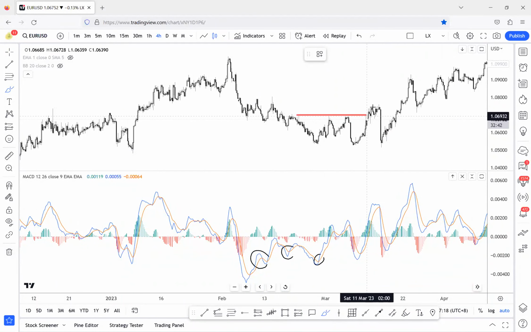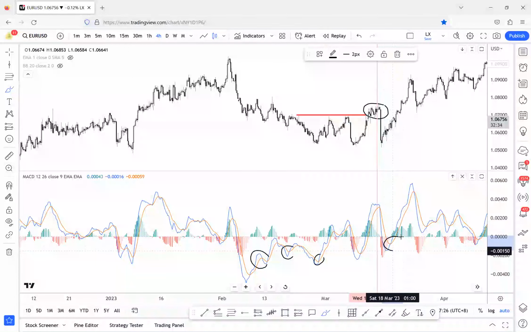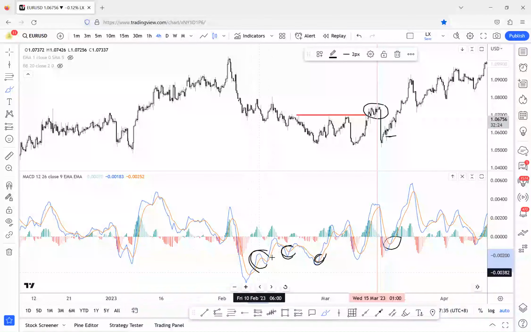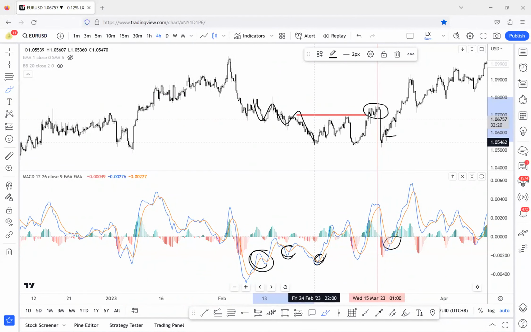Following the break, when price broke above the last high, this is when the bullish crossover becomes valid. This is the crossover, and with it you can see this would trigger a buy signal somewhere here. The earlier crossovers are not valid, because if you take a look at market structure, prices are still forming a bearish move down.